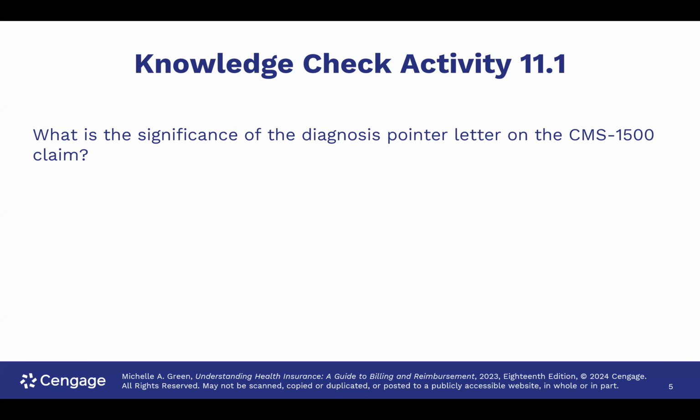So in other words, we're not just ordering diagnostic tests for some speculative reason. They actually are mapped to some sort of diagnosis, sign, or symptom that you've learned how to code in ICD-10 CM coding.